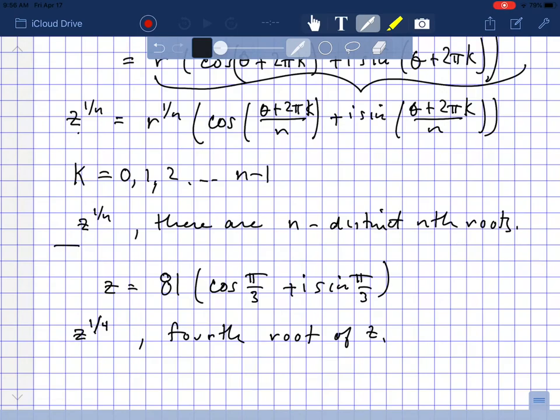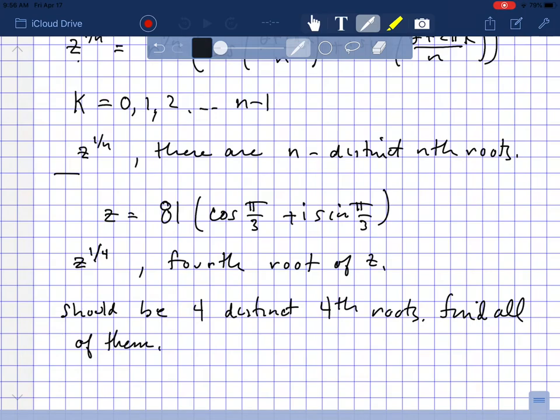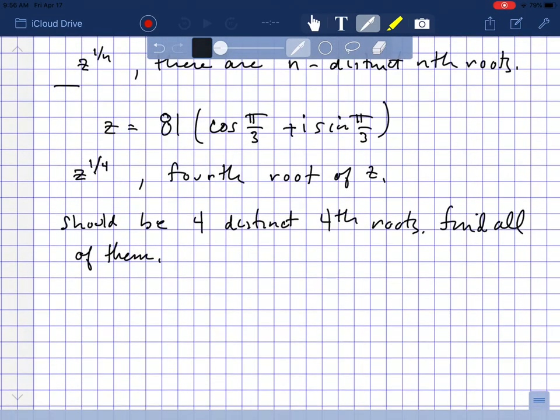Now there should be 4 distinct fourth roots of z, and so we want to find them all.